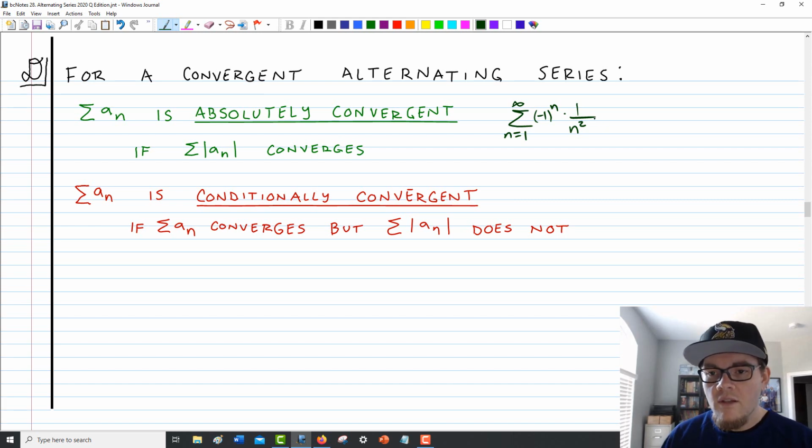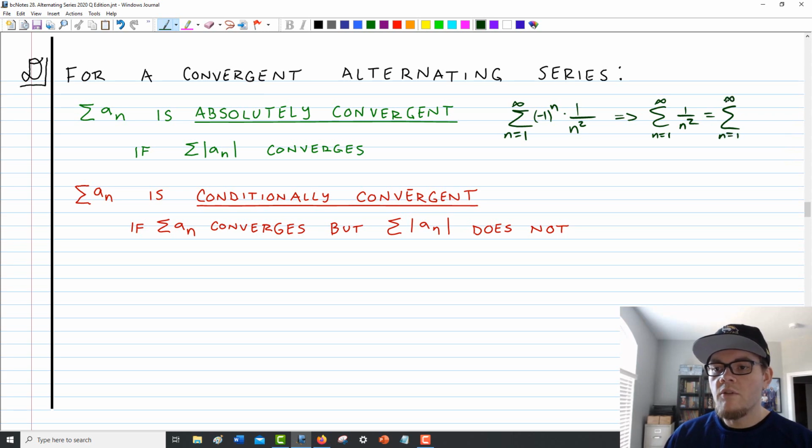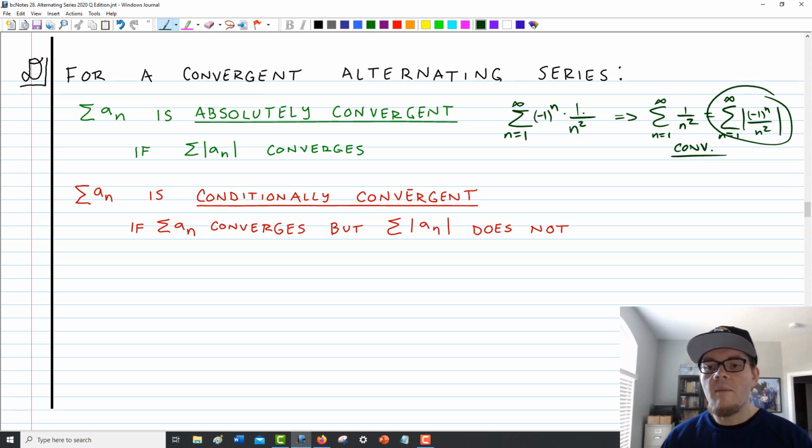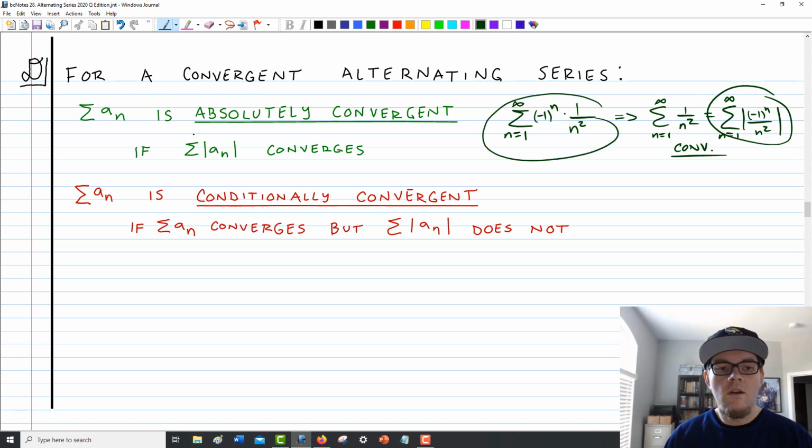The reason is, when we look at this particular series, the absolute value version is going to be the convergent p-series, which is equal to the absolute value of (-1)^n over n squared, that converges by p-series. So because the absolute value converges, that means that this series is what's called absolutely convergent.